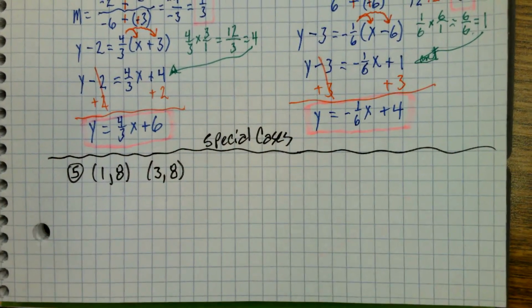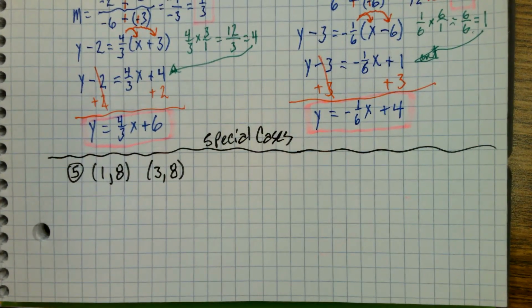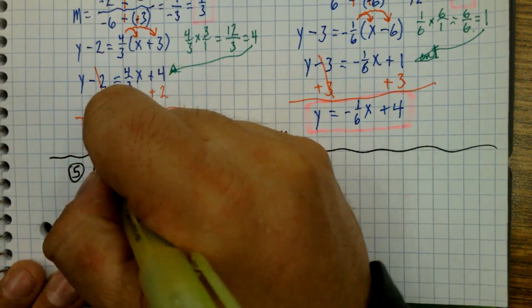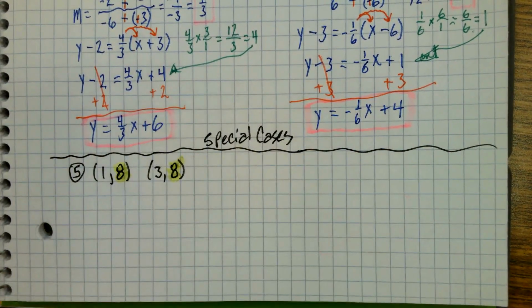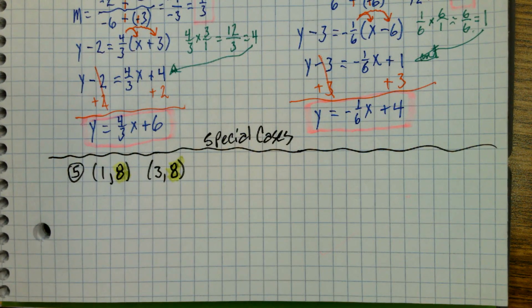It's 1/8 and 3/8. Anything you notice or wonder about this? The y's are both 8. They're the same. Whenever you see either x is the same or y is the same, they're going to be special lines. And we'll see why. So the moment you see this, it's going to be a specific type of equation, but I want to show you why.